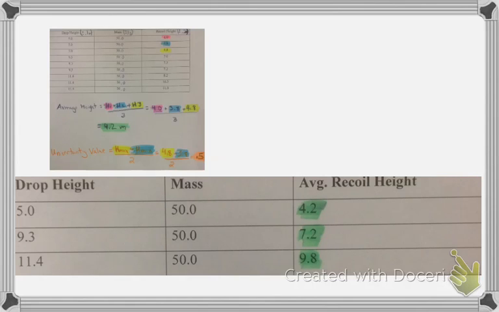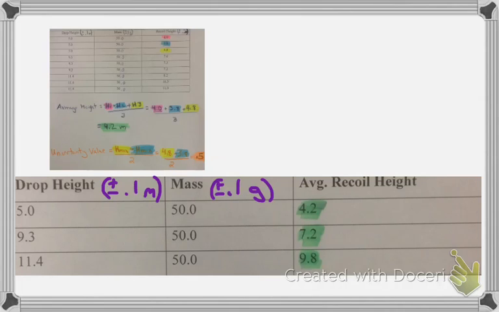So I'm just going to rewrite my uncertainty from my original table, which was plus and minus, I believe, 0.1 meter. I used the same scale, so for my mass, I'm going to rewrite the uncertainty of my scale, plus and minus 0.1 gram.